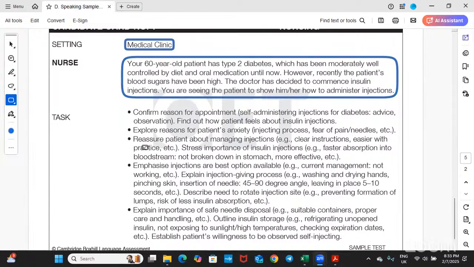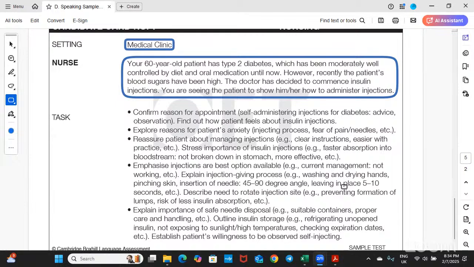Now here you have 5 subtasks. The task is training the patient regarding self-injecting insulin. This is the task. And you have 5 subtasks here.